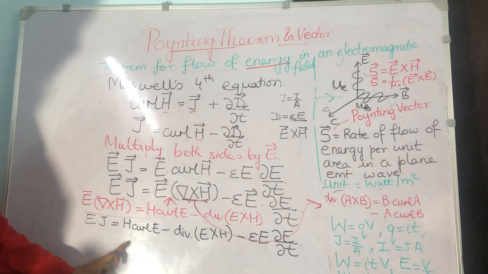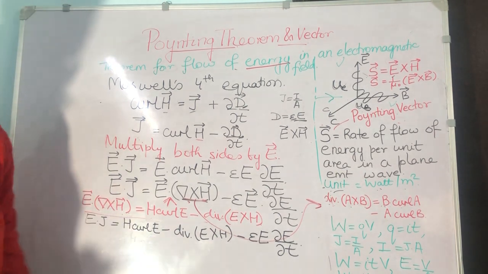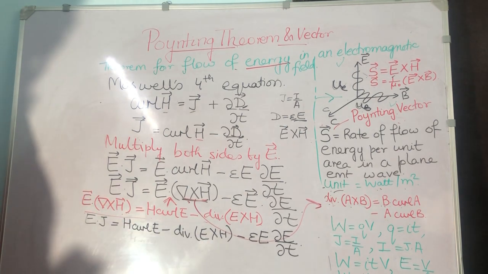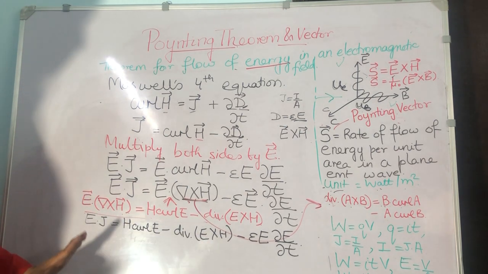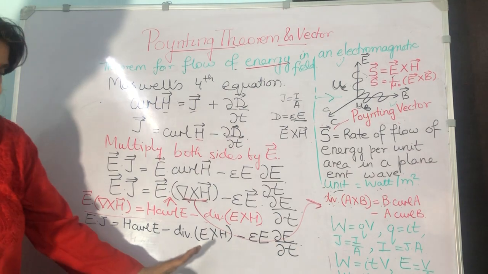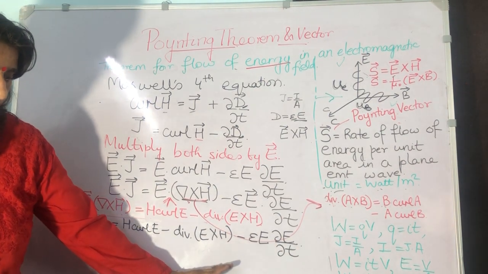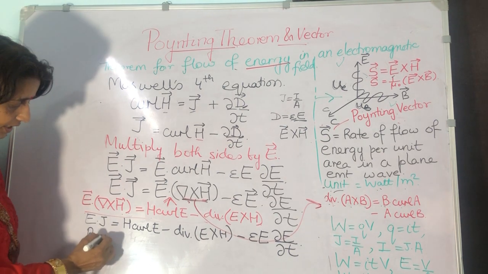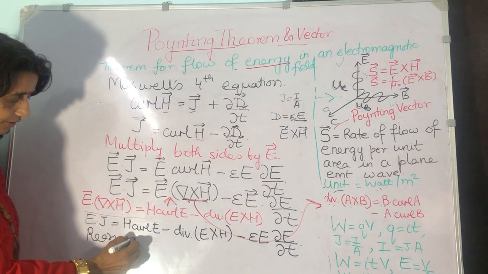Why? Because we are trying to get closer to E cross H. E cross H is nothing but the Poynting vector. So we are just trying not to lose our approach of reaching the target of E cross H. We will rearrange these terms.